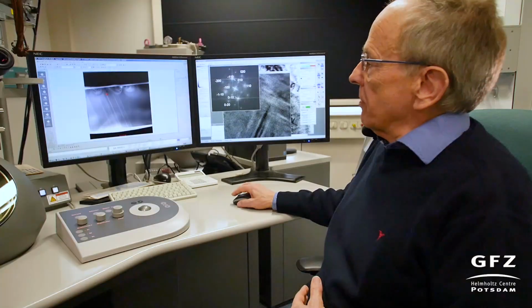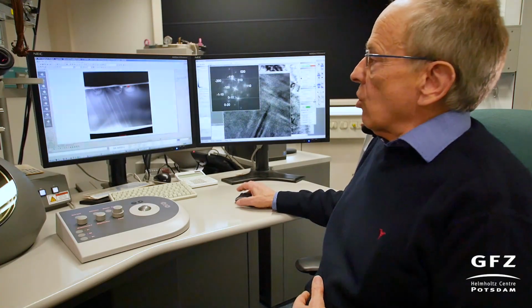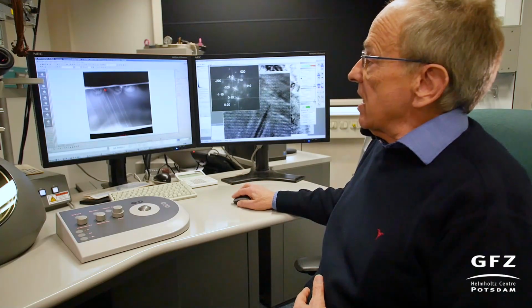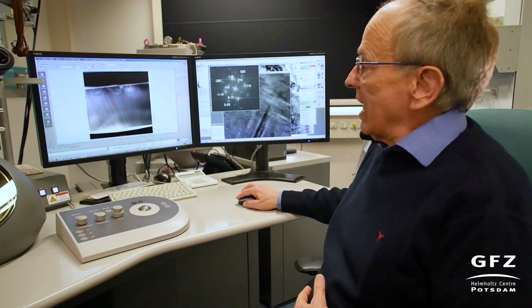This is a TEM foil from a cassiterite, which is basically a tin oxide. The width here is approximately 15 microns, and the height is approximately 10 microns. On top, we see a protection layer for the focused ion beam sample preparation. The interesting thing here is that we observe these brighter and darker lamellae.